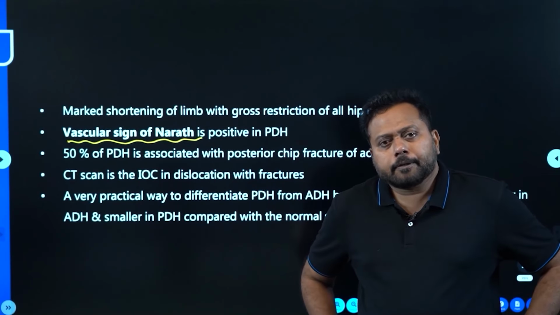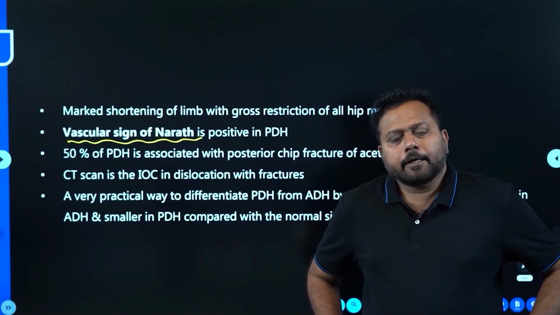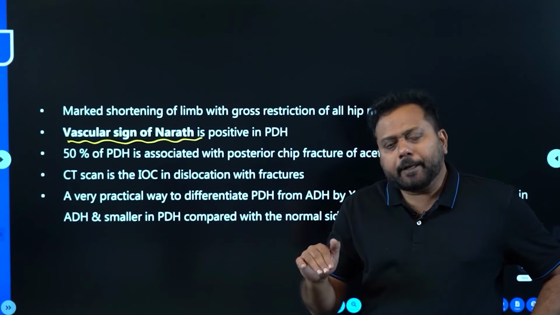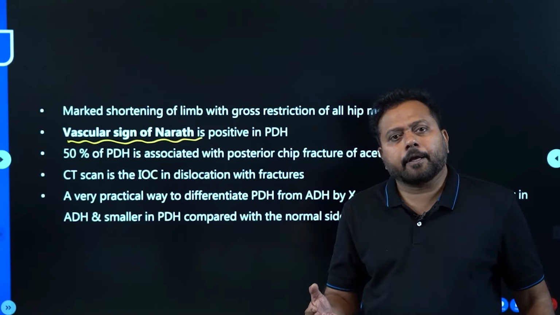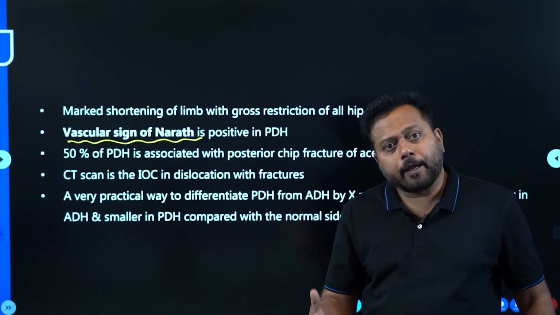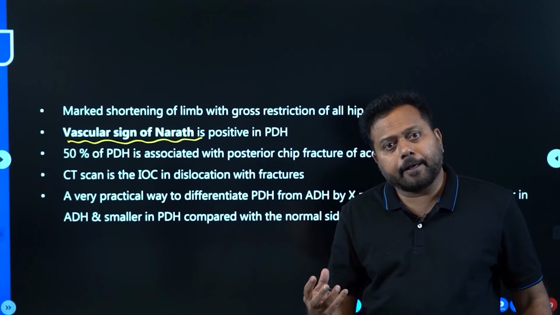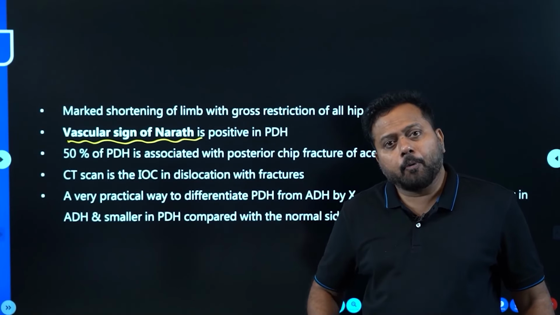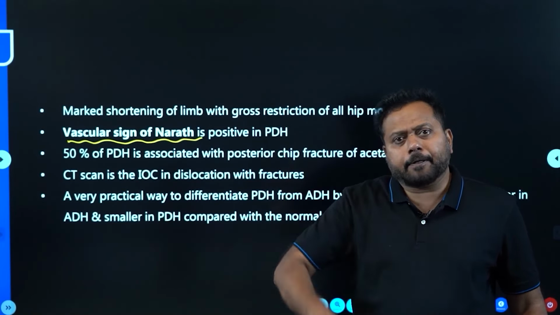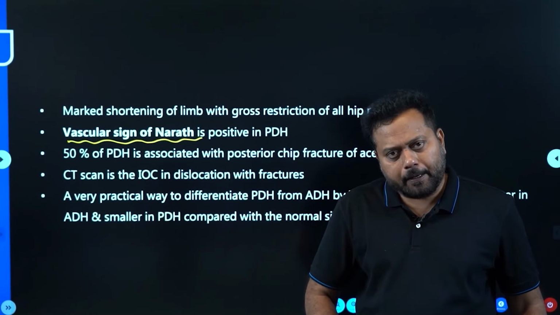Normally in all of us, when you palpate on both sides, the femoral artery pulsation is easily felt because when you press, underneath the femoral artery there is the head and neck, a bony support. So when I press, I can easily palpate the pulse.